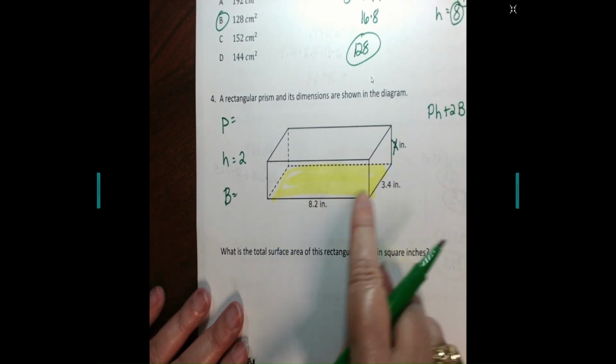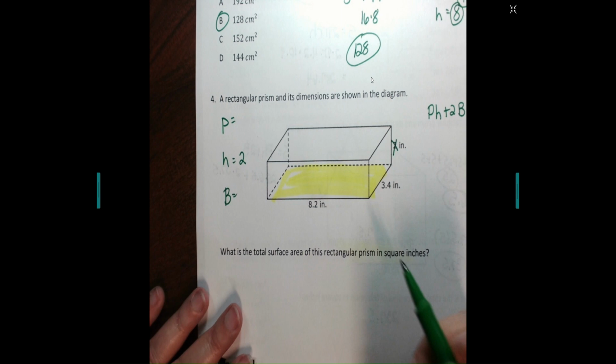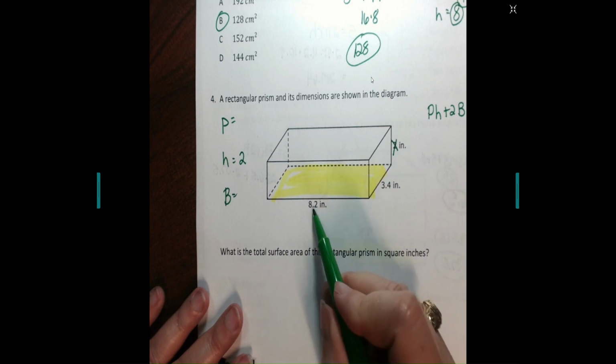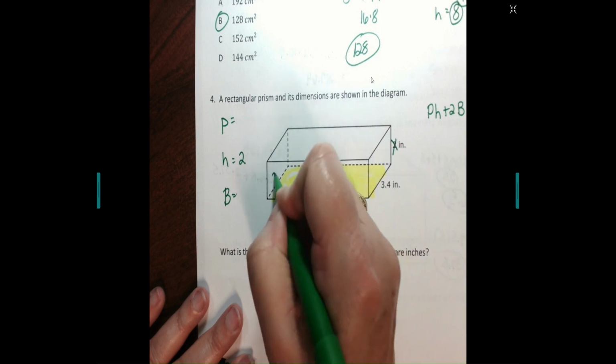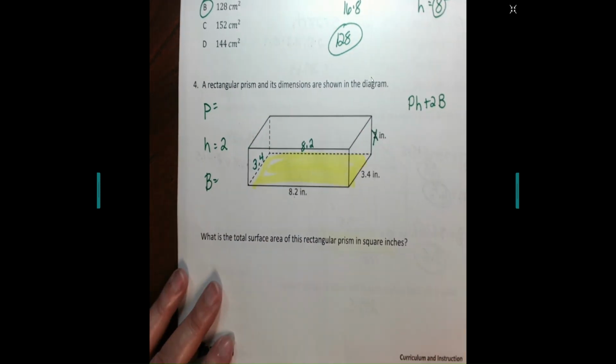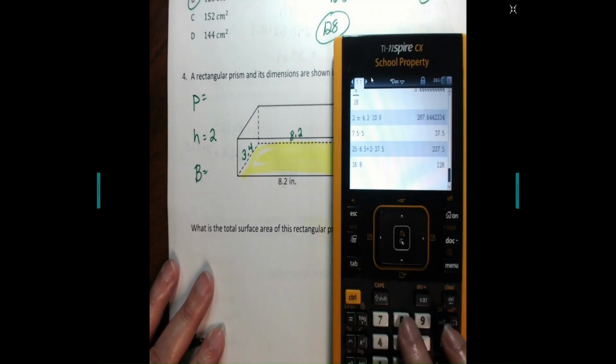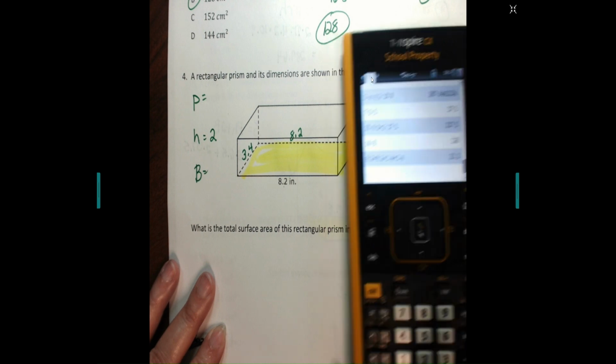All right, how do I find the perimeter of this yellow rectangle? Add them up. 8.2 plus 3.4 plus 8.2 plus 3.4. I've got to add all of that up. 8.2 plus 8.2 plus 3.4 plus 3.4 equals 23.2.